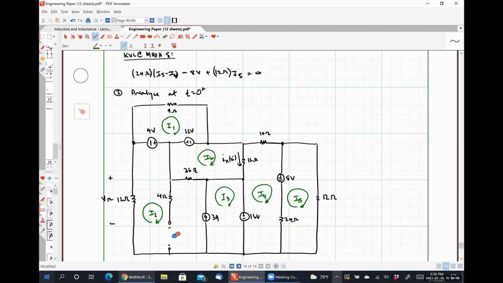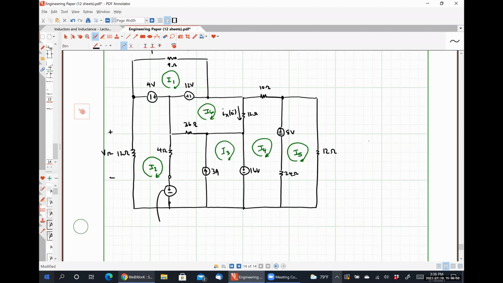And my capacitor is going to be replaced by a voltage source, having a voltage of VC at 0 minus, which gives me an eighth mesh I have to worry about.